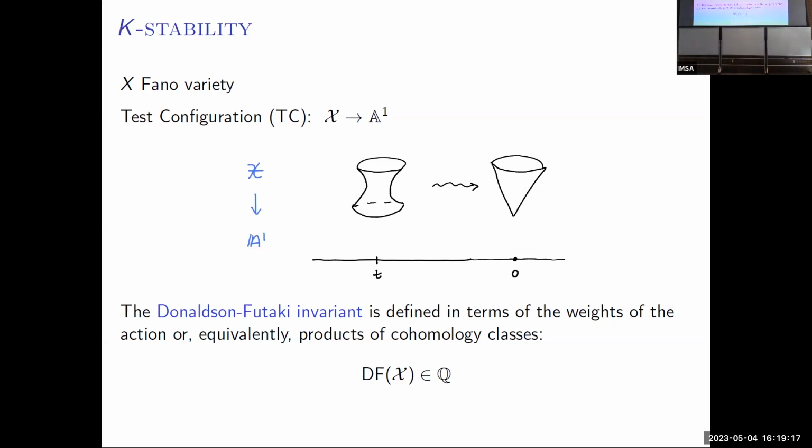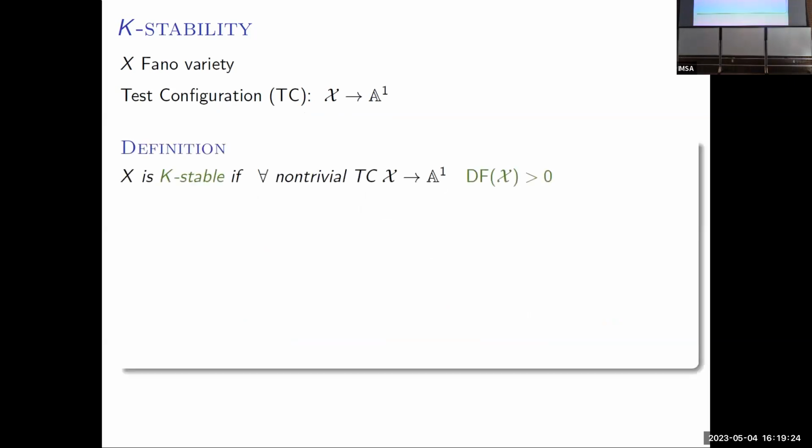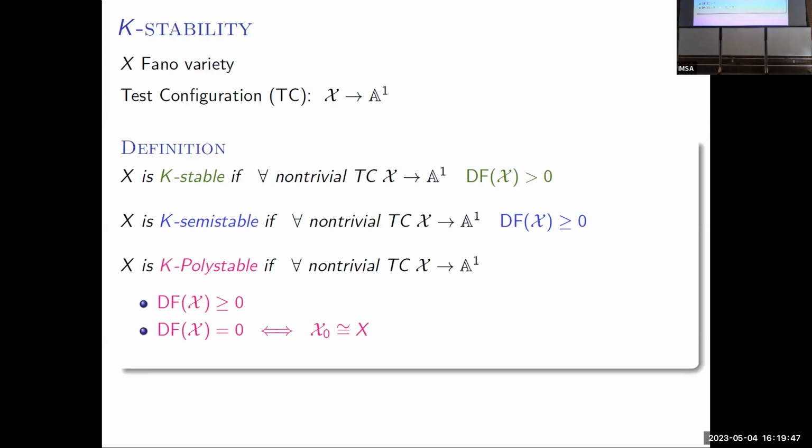And then once you have this Donaldson-Futaki invariant for any given test configuration, we can define the notion of K-stability. So we say that X is K-stable if for every non-trivial test configuration of X, the Donaldson-Futaki invariant is positive. We say that it is K-semistable if for every non-trivial test configuration the Donaldson-Futaki invariant is non-negative, and somewhere in between you have this notion of K-polystability.